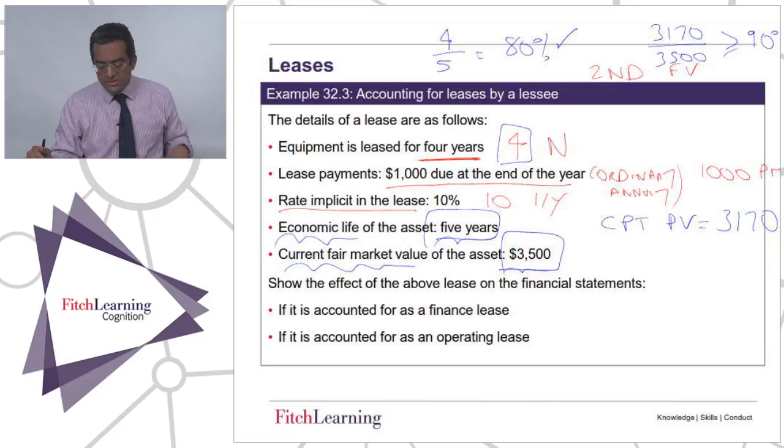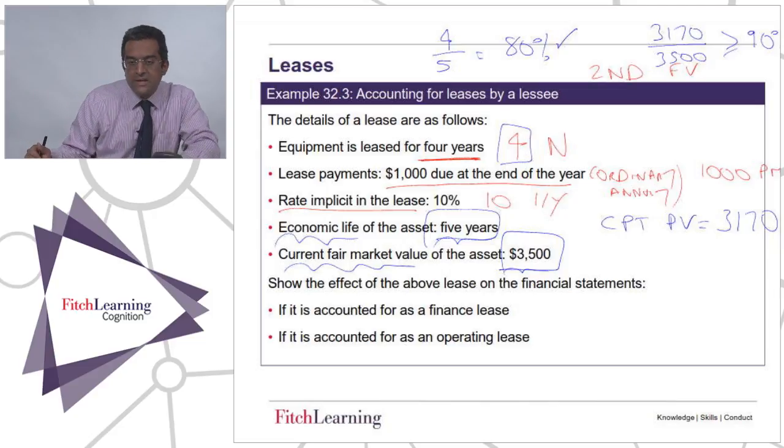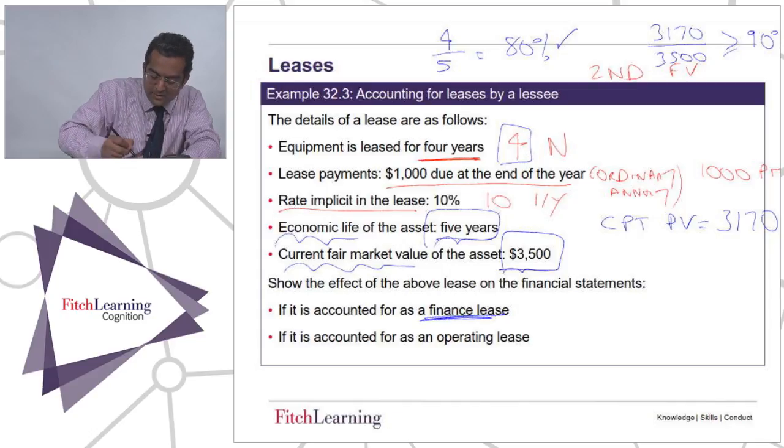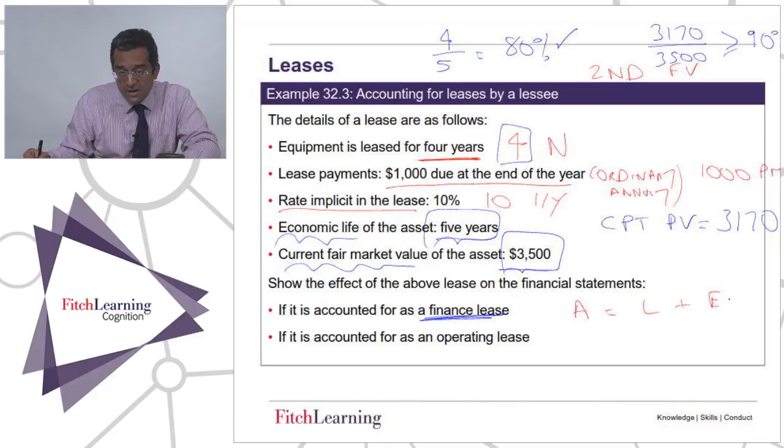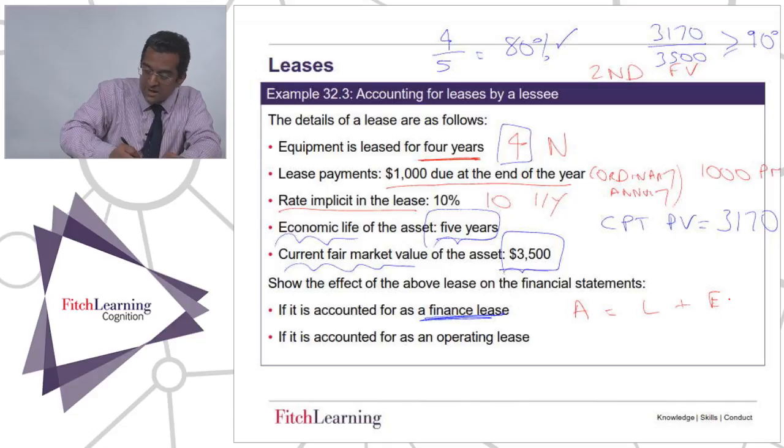Now, we need to show the effect of these things on the financial statements. The key one, of course, is really the finance lease. So right away, we can start out with the basics: assets, liabilities, and equity. From a leases perspective, we're going to have the asset 3170 going on.